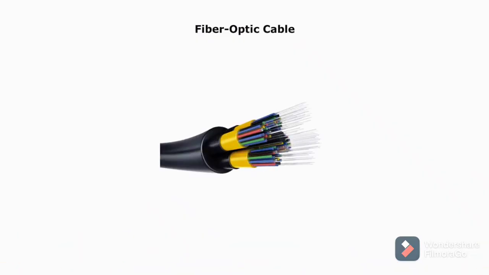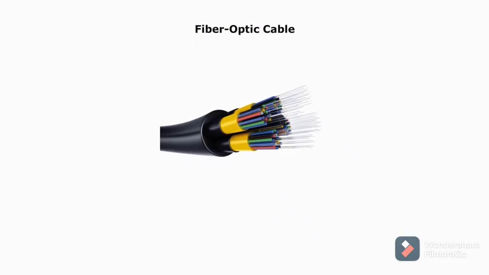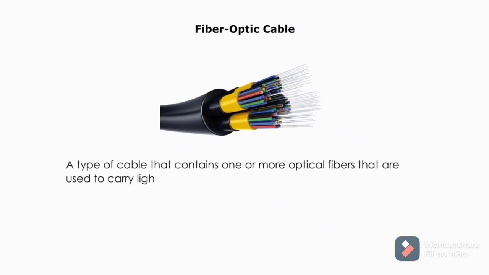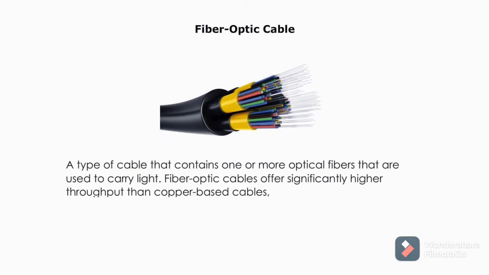Again, what is fiber optic cable? It is a type of cable that contains one or more optical fibers that are used to carry light. Fiber optic cables offer significantly higher throughput than copper-based cables, such as coaxial cable or twisted pair cable.